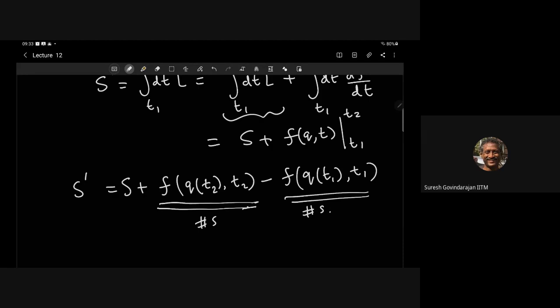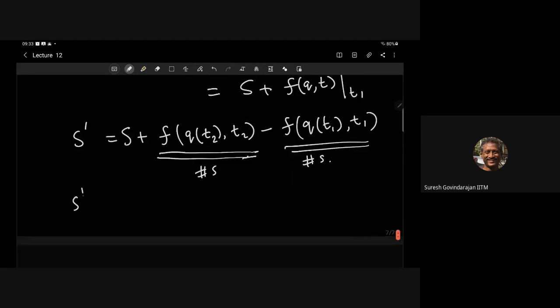So S prime and S differ by a constant that is completely independent of the trajectory.